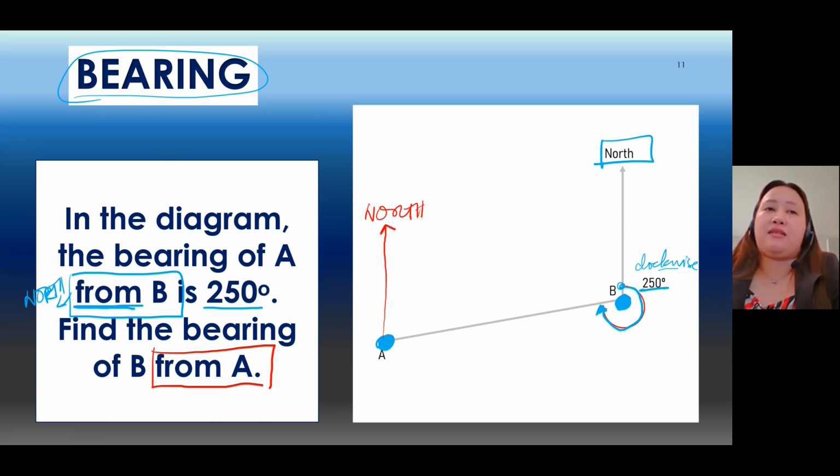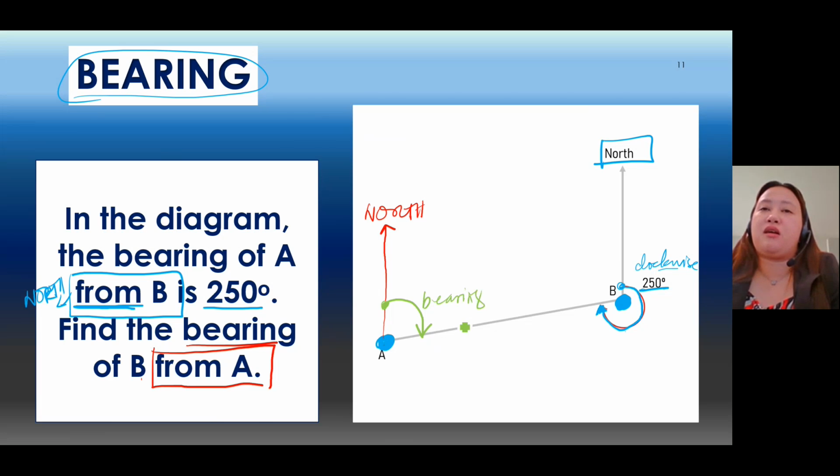What is asked is the bearing of B. So you need to determine the angle from north, clockwise, towards the line that connects A and B. This will be your bearing.